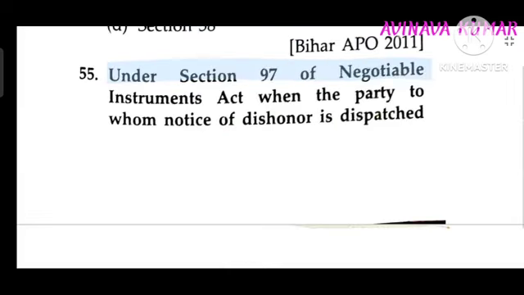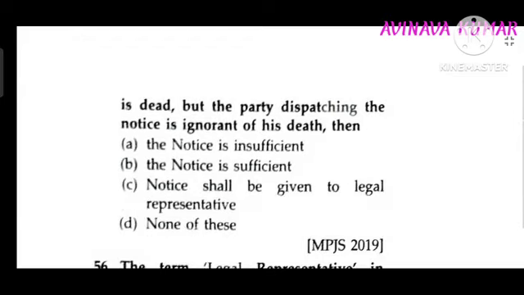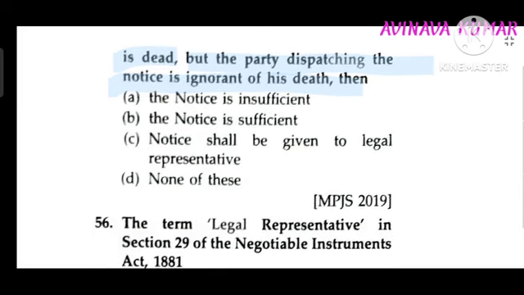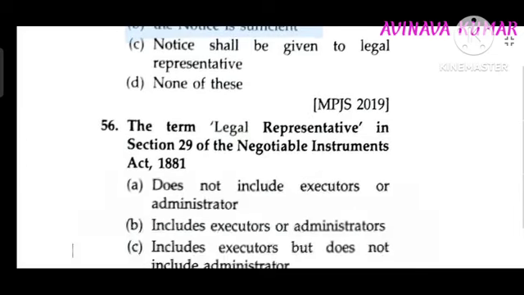Under Section 97 of the NI Act, when the party to whom notice of dishonor is dispatched is dead, but the party dispatching the notice is ignorant of his death, then notice is sufficient.